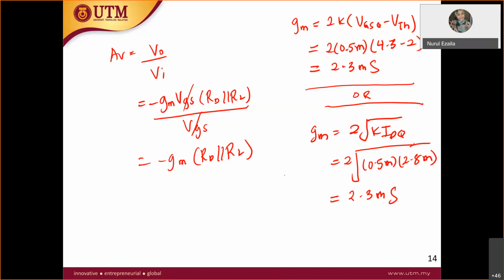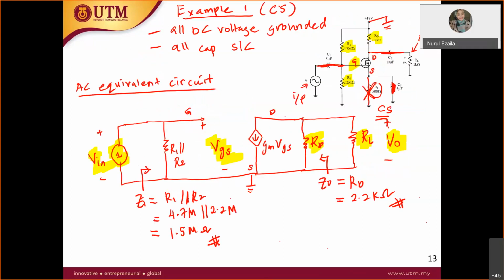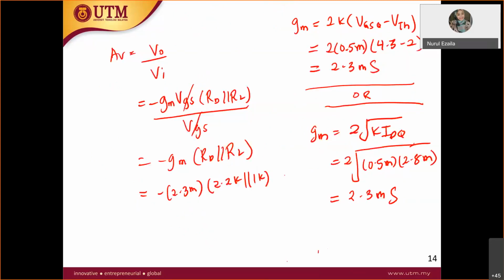Back to the question. Negative GM is negative 2.3 milli. RD is 2.2 K, parallel with RL, which is 1 K. Yes, RD 2.2 K, RL 1 K. So this is equal to negative 1.63.